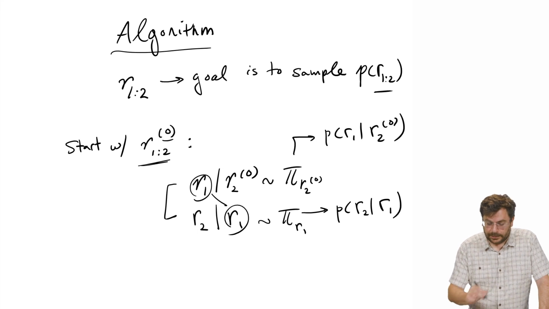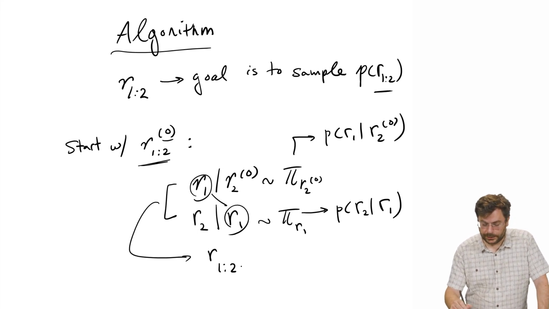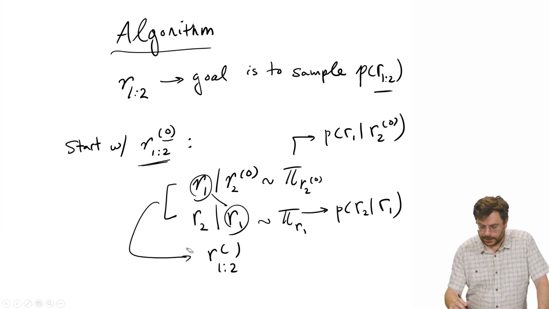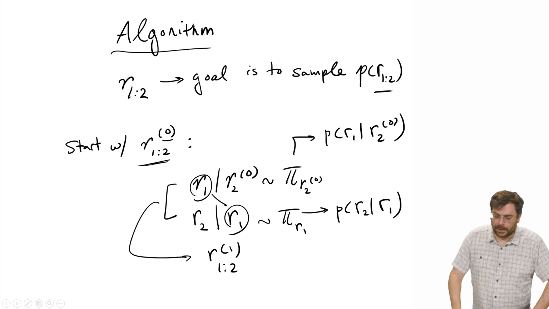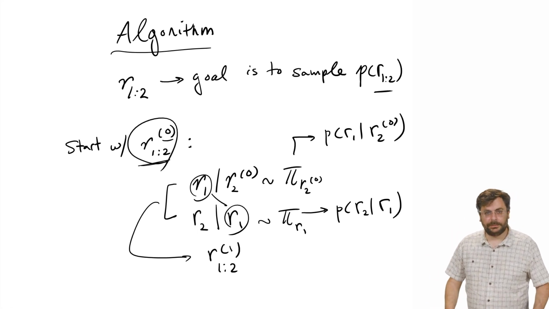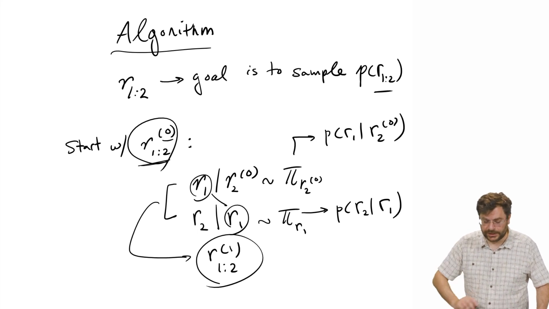And after these two steps, we now have R1, 2 after the first iteration. So we started off with R1, 2 naught. After one Gibbs step, or one Gibbs iteration, I should say, we obtain R1, 2 one.